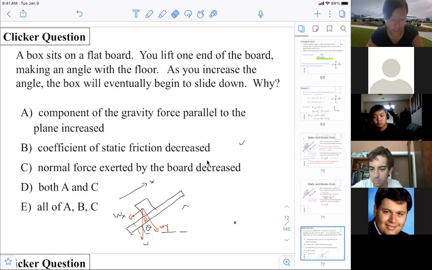Let's look at our distribution. You all agreed on two of the choices, D and E. Both A and C are considered correct. Now, the disagreement is whether B is also correct or whether it also contributes to the scenario.